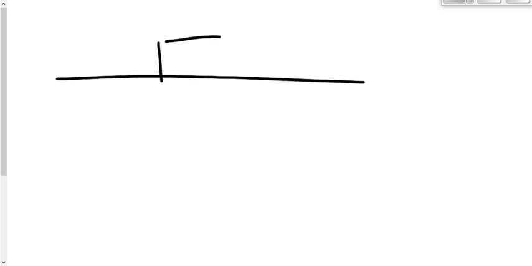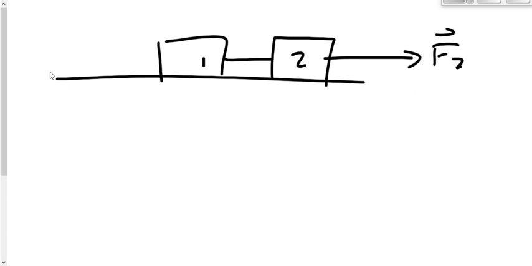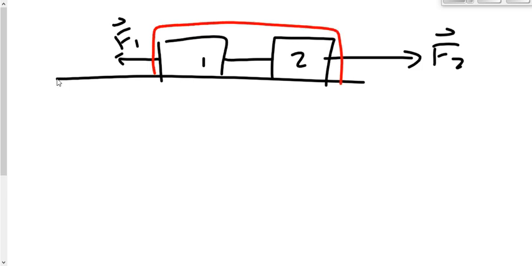So, we have a situation where we have maybe a couple of objects, and one object is being pulled to the right, we'll call it F2. Another object is being pulled to the left, we'll call it F1. Up until now, we've just treated this like object 1 and object 2, combined their masses and then just said F net is equal to F1 plus F2. But today we're going to learn to find the force that acts between those two objects.